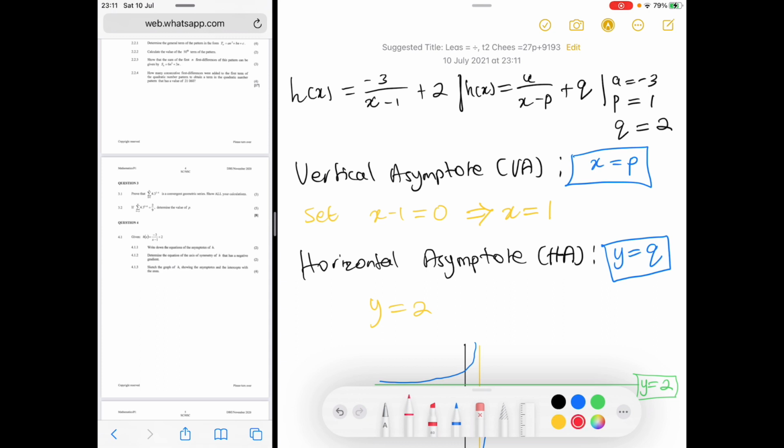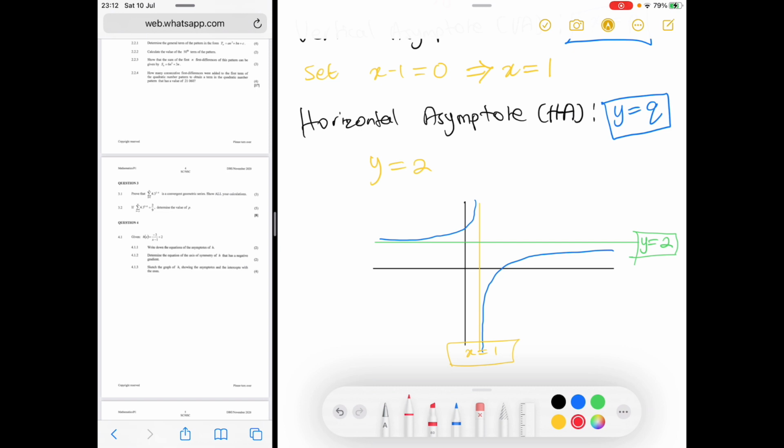Do you notice that the denominator at x is equal to 1 will be 0? Therefore, you'll have a fraction that is negative 3 over 0 when x is equal to 1. And this is undefined. You can't divide by 0 in mathematics. Therefore, the graph should never attain the value x is equal to 1. Hence, this line becomes an asymptote.